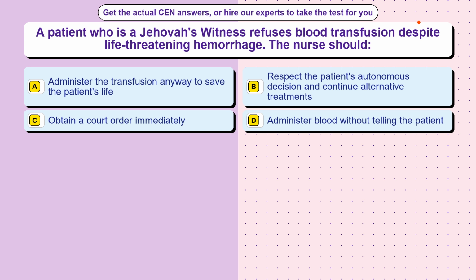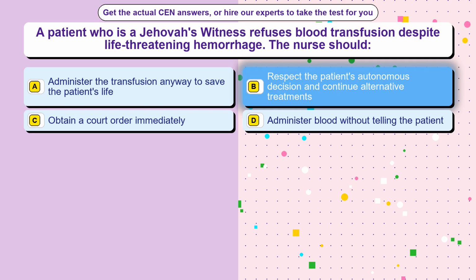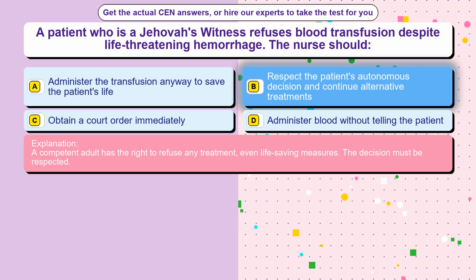Option D, administer blood without telling the patient. The correct answer is option B, respect the patient's autonomous decision and continue alternative treatments. A competent adult has the right to refuse any treatment, even life-saving measures. The decision must be respected.